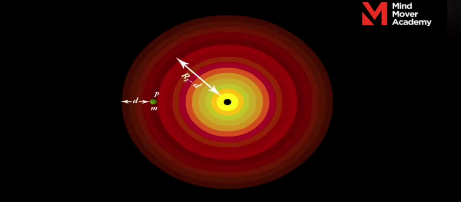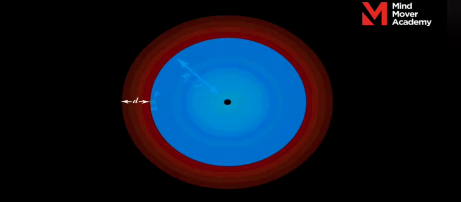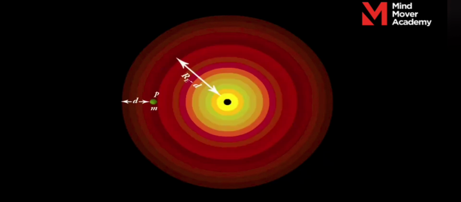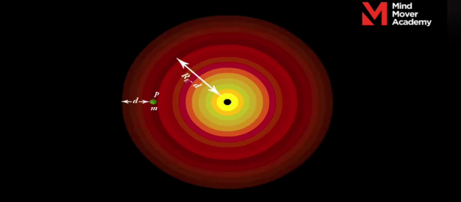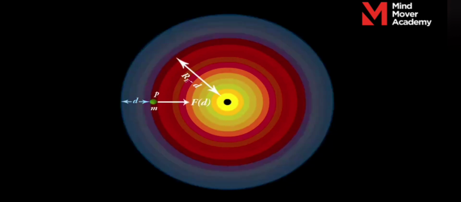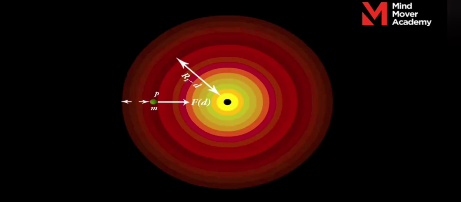The Earth can be thought of as being composed of a smaller sphere of radius Re minus d and a spherical shell of thickness d. The force on m due to the outer shell of thickness d is 0.